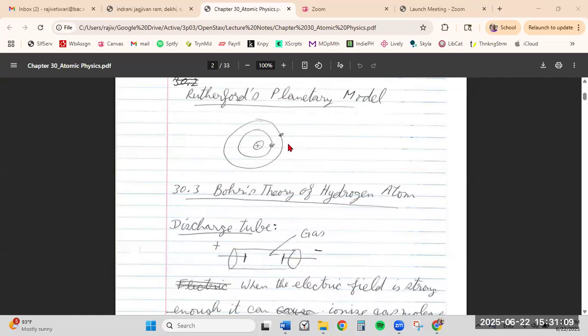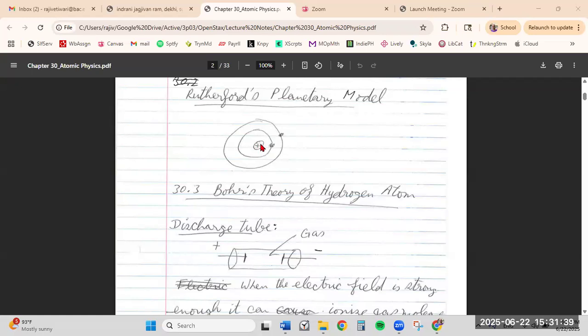So in an atom, if you have electrons orbiting around the nucleus, they're going around circular paths. Even if they're going at constant speed, they are constantly accelerating because they're changing the direction of their motion. And therefore, as they go around these orbits, they should be losing energy. And as they lose energy, they should spiral into the nucleus itself.